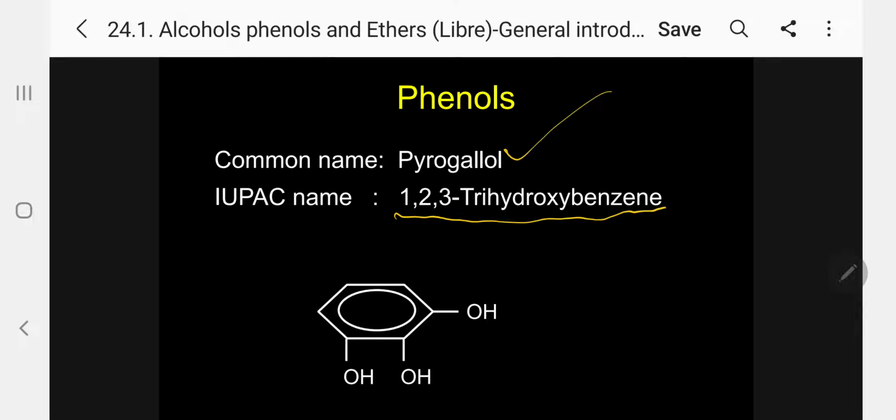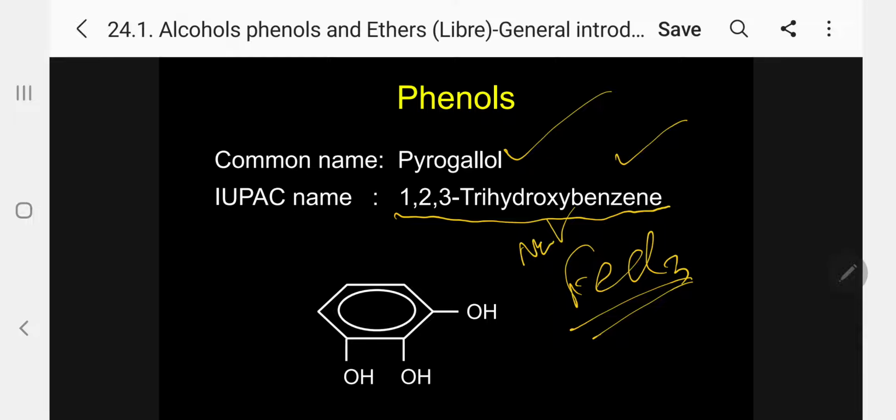The IUPAC name is 1,2,3-trihydroxybenzene. This pyrogallol, when you treat with neutral ferric chloride, always neutral ferric chloride, gives blue color slowly changing to red color. That is the pyrogallol answer.